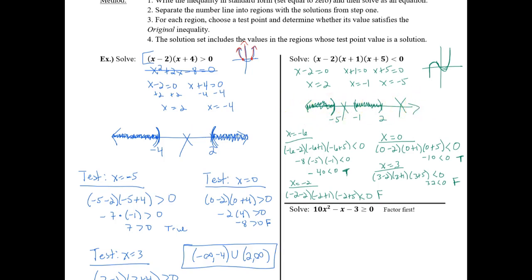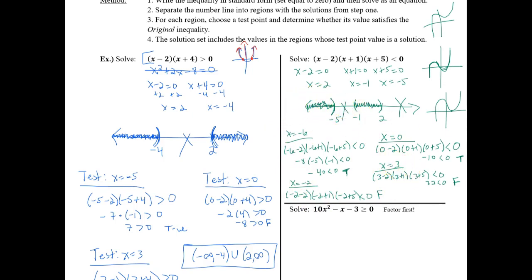Because what could happen is you could have a graph that goes through and then bounces off the x-axis. Or you could have a graph that doesn't cross it again. So you need to be testing these values to know for sure whether or not it's part of the solution.